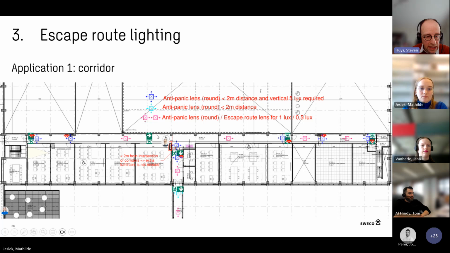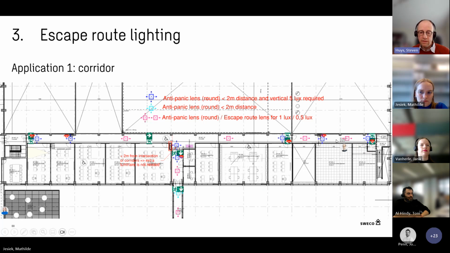Then again for the application, in those pink colored luminaires, we have to add in between the ones we already have for the points of emphasis. You just fill up the escape route where it's needed. Here we need an extra one because the interdistance between this one and this one is too big. Here it's the same, between the two blue ones it's too big. Here it's also too big. Here we use an escape route lens. Here also, because it's a long, small path.